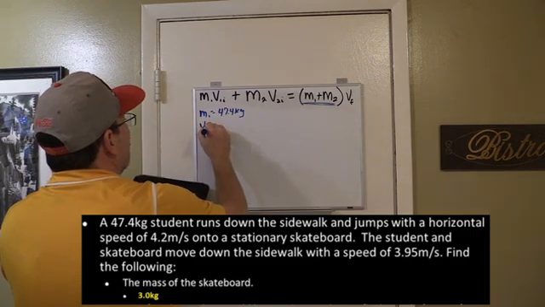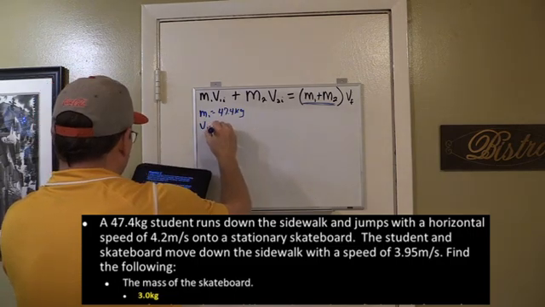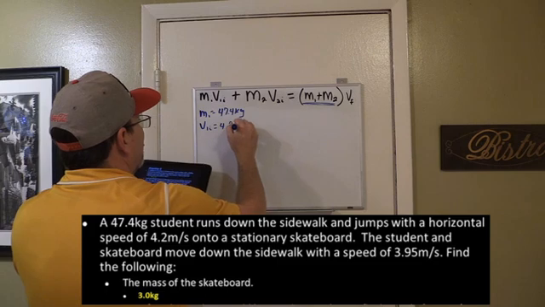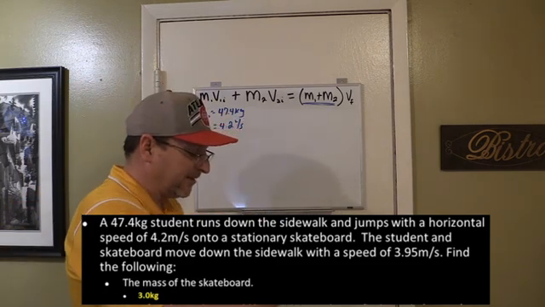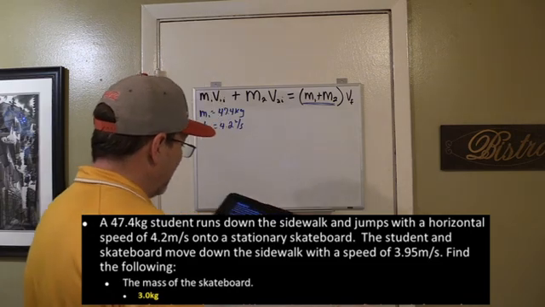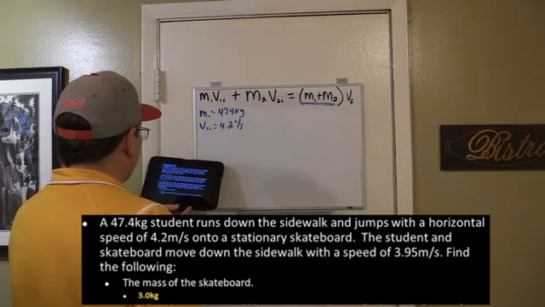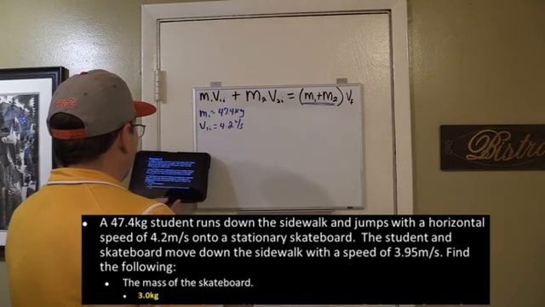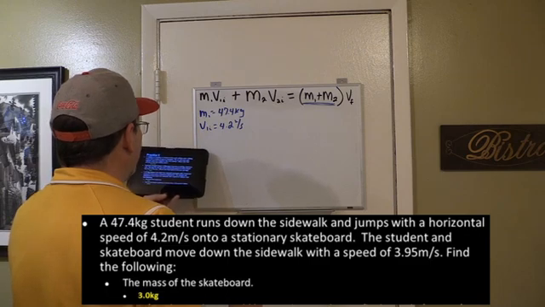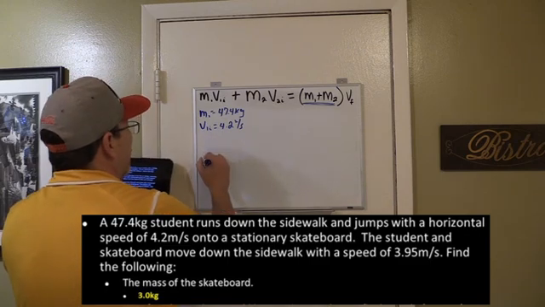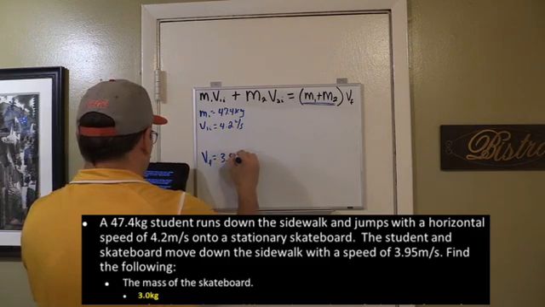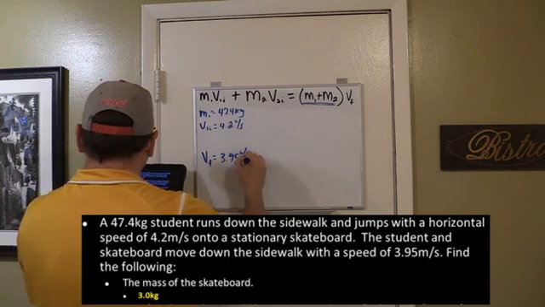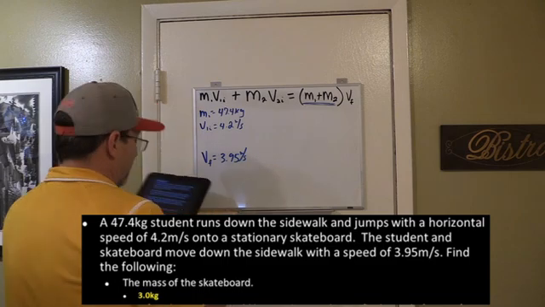So velocity 1 initial is 4.2 meters per second, onto a stationary skateboard. The student and the skateboard move down the sidewalk with a speed of 3.95 meters per second. So my final velocity is 3.95 meters per second.